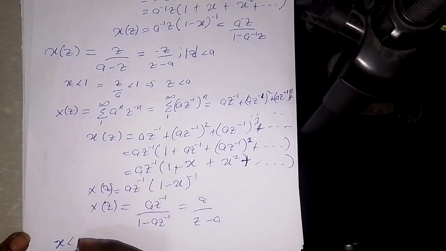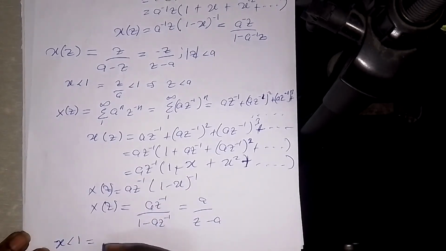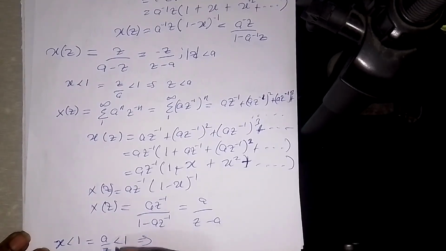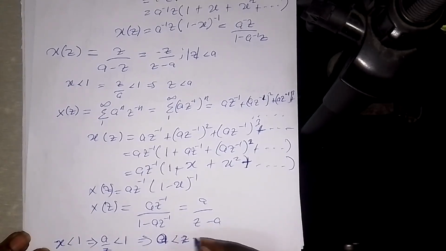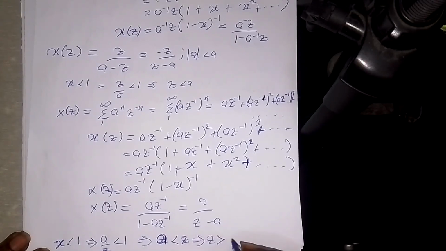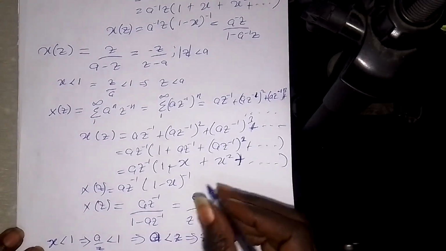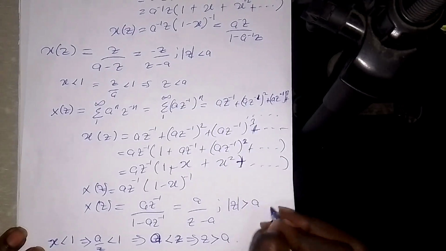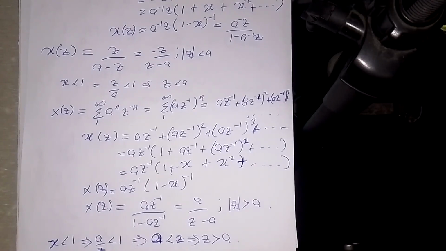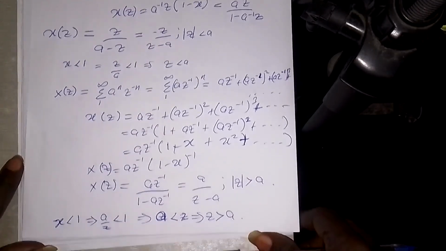That means |a/z| is less than 1, so |a| is less than |z|, or |z| is greater than |a|. So here, my ROC is such that |z| is greater than |a|.